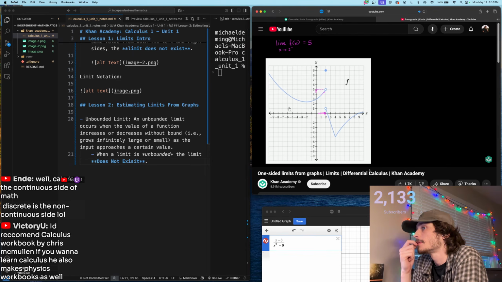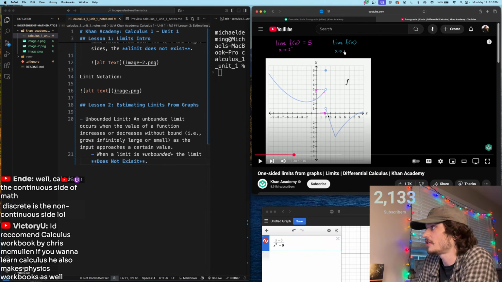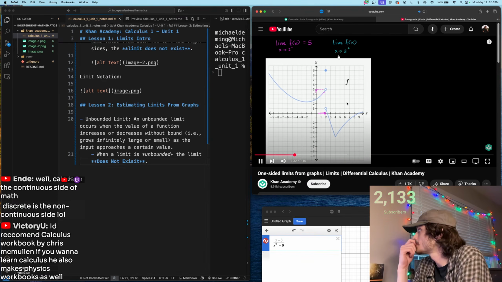But what if we were asked the natural other question, the positive side? Rather than defining limits in terms of the overarching function, you can define them from a specific direction, from values greater than 2.